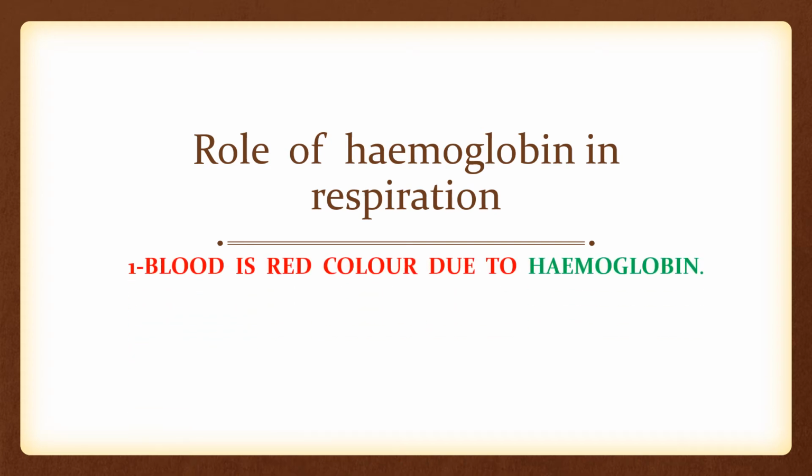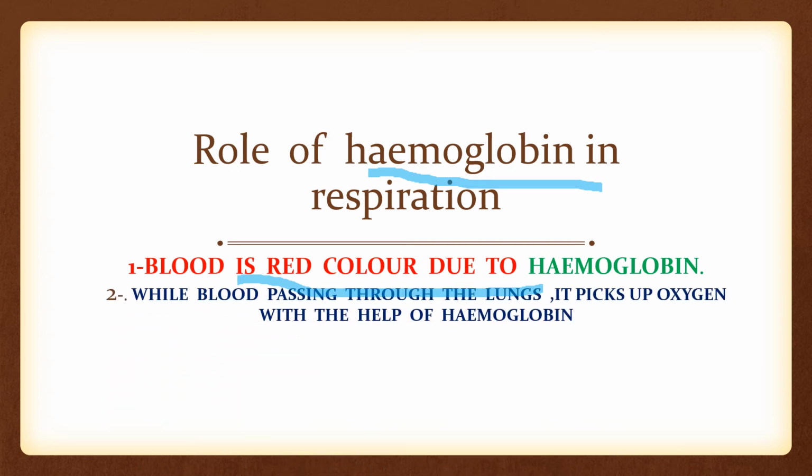Now, what is the role of hemoglobin in respiration? Blood is red colored due to hemoglobin. While blood passes through the lungs, it picks up oxygen with the help of what? With the help of hemoglobin.